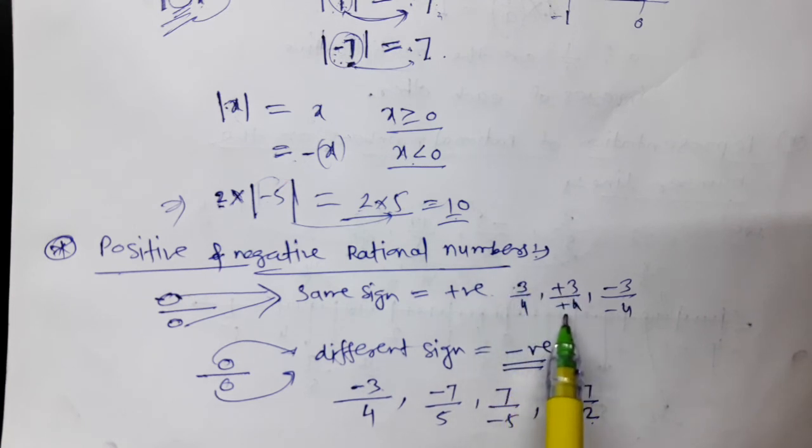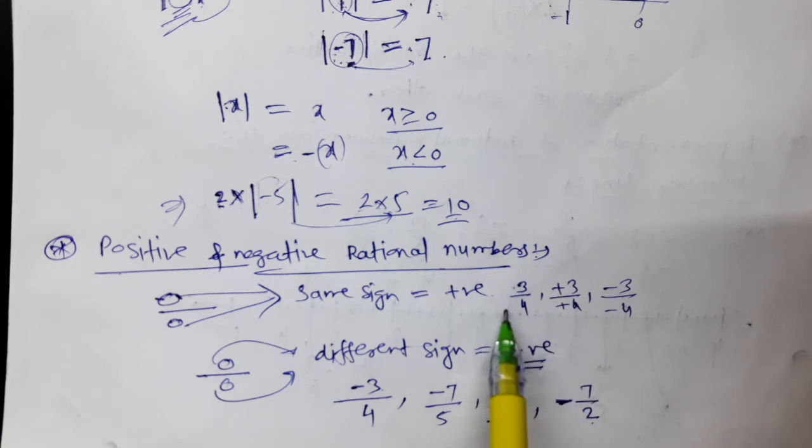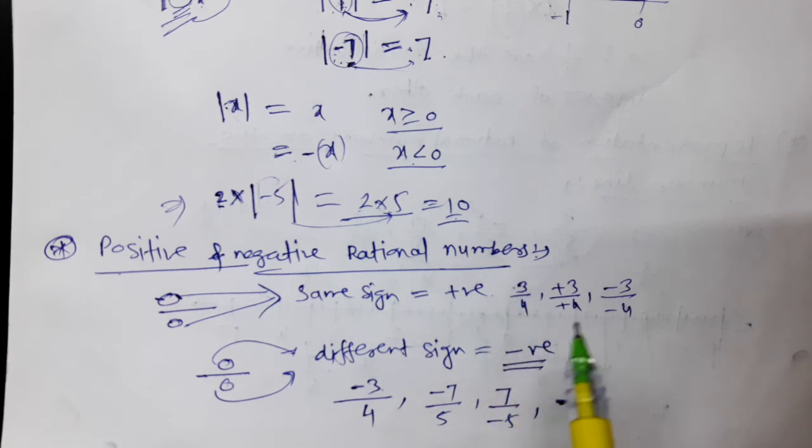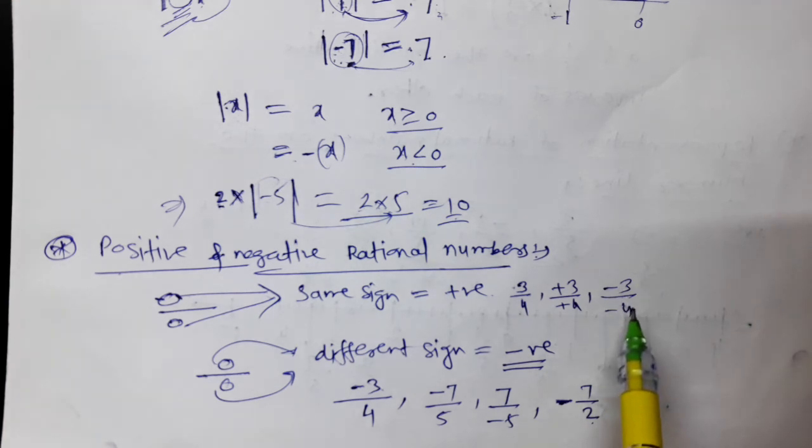We have put the plus sign here, but if there is no sign, then it is a positive sign. So plus 3 upon plus 4 is positive. Minus 3 upon minus 4 is also a positive rational number.